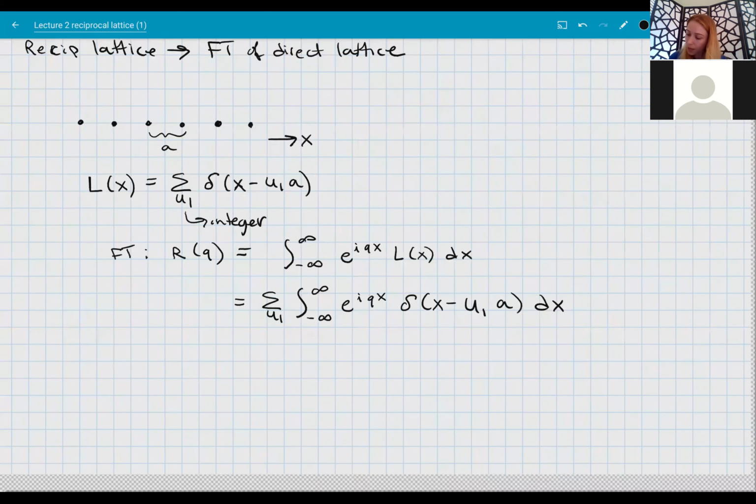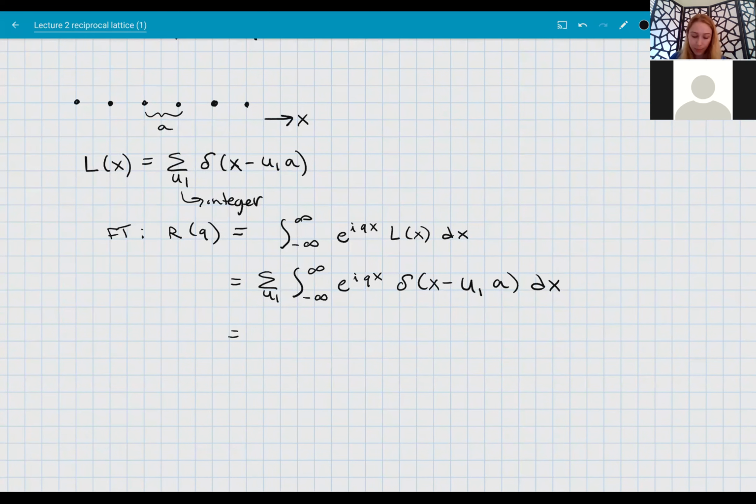Okay, and then we can simplify a little bit. Just as a reminder, if you're integrating a delta function, it's going to give you 1 if your value of x hits the delta function, and it's going to pick out the value of x where the argument inside the delta function is equal to 0. And if you don't hit that value of x in your integral, then you'll just get 0.